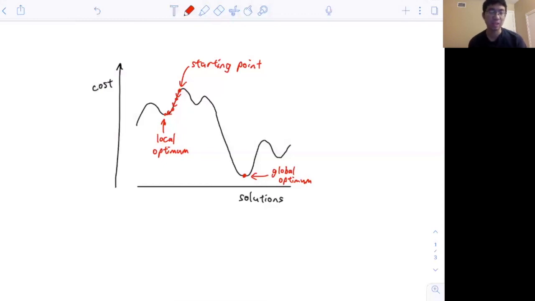One method is simulated annealing, which can let you avoid bad local optima. But in general, these are just heuristic techniques, and they don't really provide any guarantees as to the runtime or how optimal your solution is.